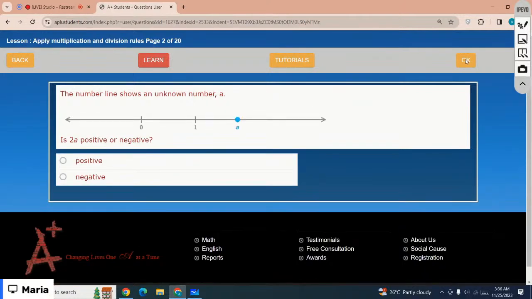Okay, the number line shows an unknown number a. Is 2a positive or negative, which is the correct option?